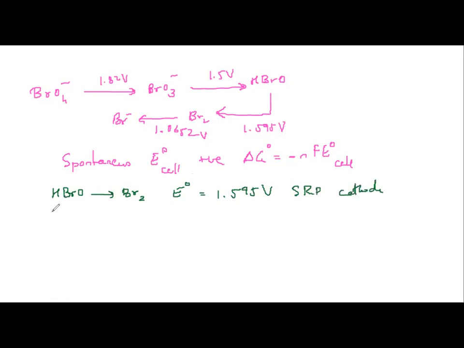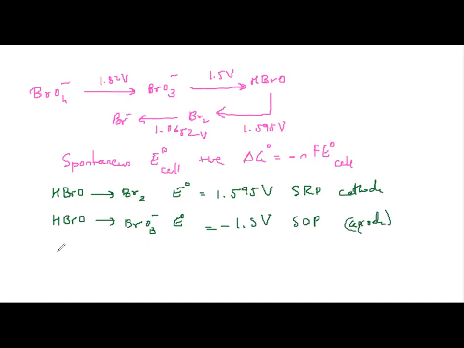Then if you see HBrO forming BrO3 minus, I've taken the reverse. So if this is in plus, I will write it in minus. E0 is minus 1.5 volt. This is the oxidation potential, which occurs at the anode.